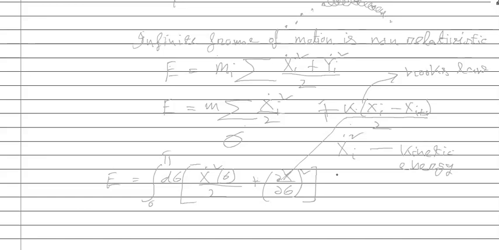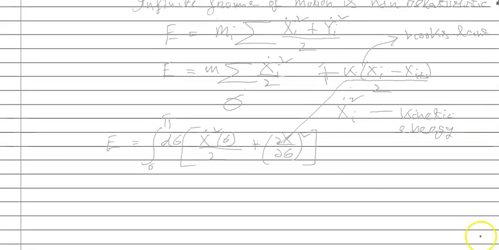If I wanted to write the Lagrangian, you all remember what a Lagrangian is. The Lagrangian is kinetic energy minus potential energy, and the Hamiltonian is kinetic energy plus potential energy. So the Lagrangian is the integral from zero to pi of d sigma.